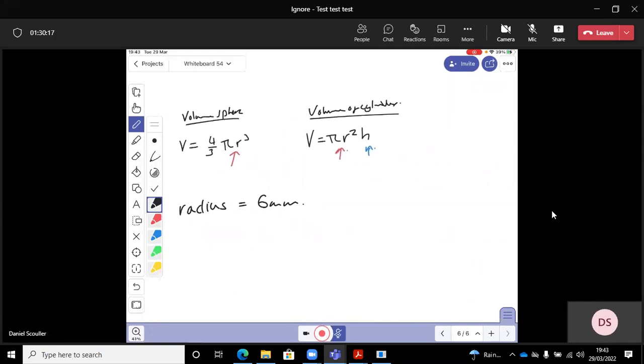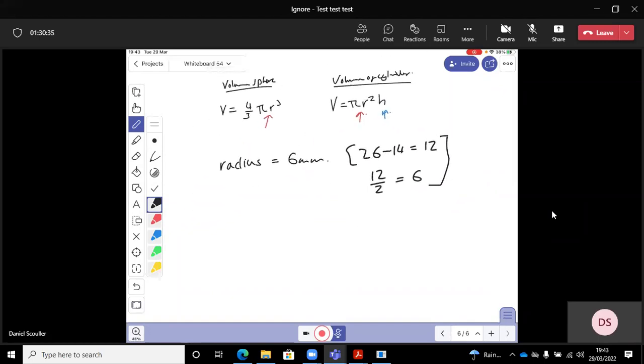Okay, we found that by 26 minus 14 to give us 12, and then divided that by 2 to give us 6. And now it's a case of just plugging it in.